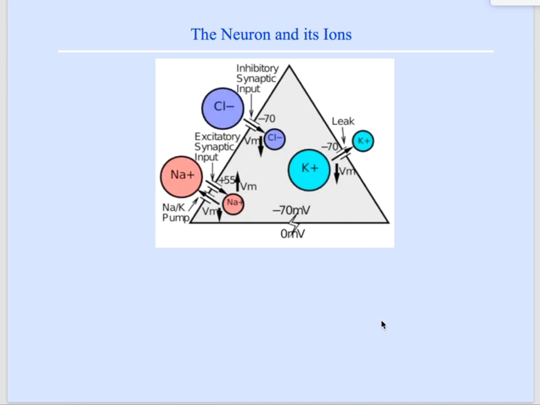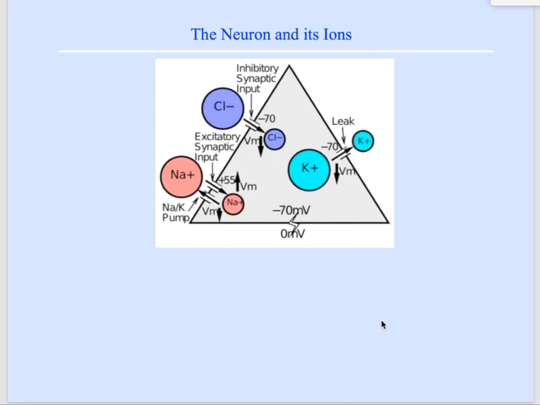There's what's called a sodium pump, which is continually pumping sodium ions outside of the cell body, which again lowers the membrane potential. But when you get excitatory neurotransmitters, they open up channels, and the sodium rushes into the cell body, and because it's positively charged, it's going to raise the membrane potential.